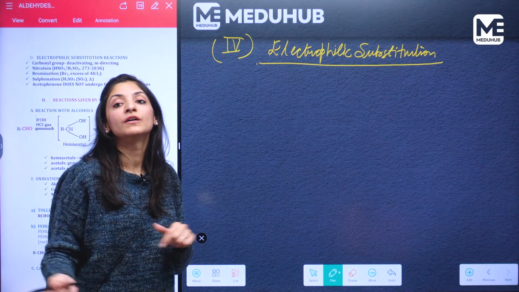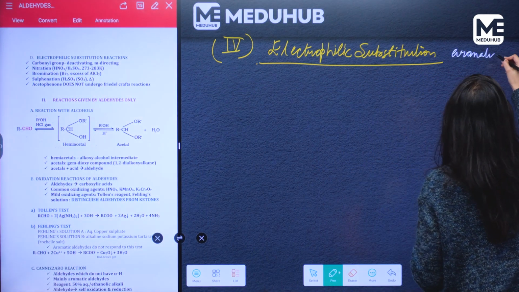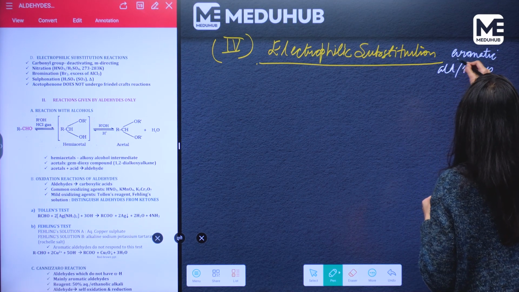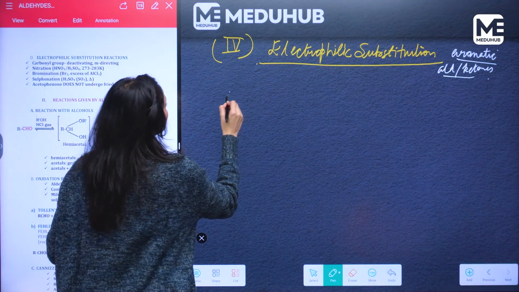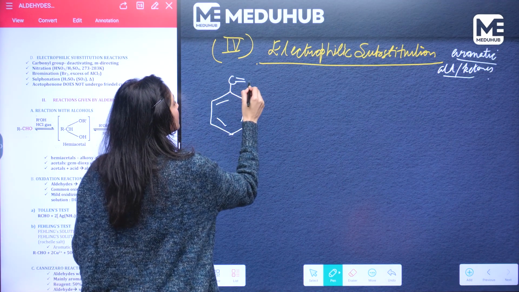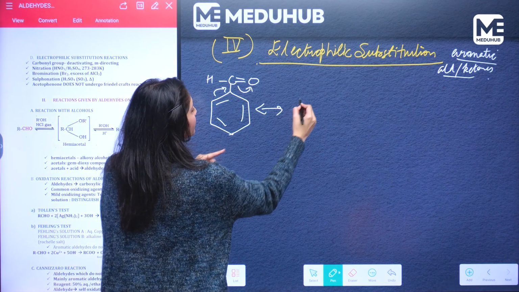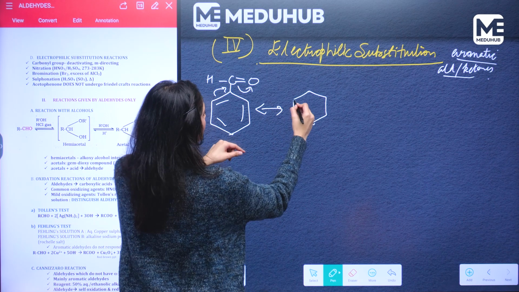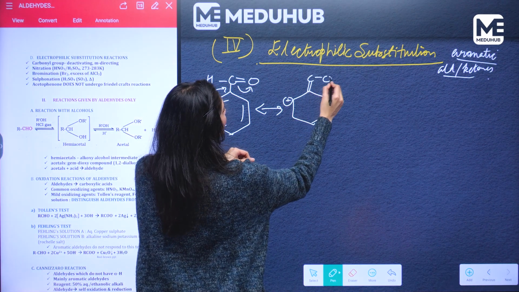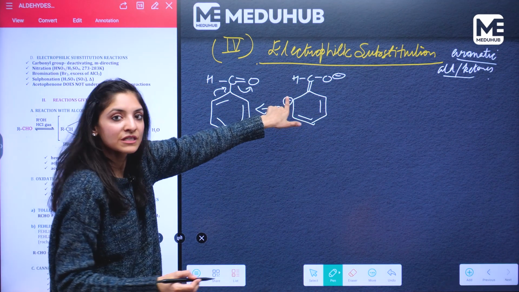We have already talked about electrophilic substitution in aromatic compounds. So, this is valid for aromatic aldehydes or ketones. If you look at the carbonyl group here attached to a benzene ring, you will see that upon drawing the resonance structure, the ortho position here gets a positive charge.